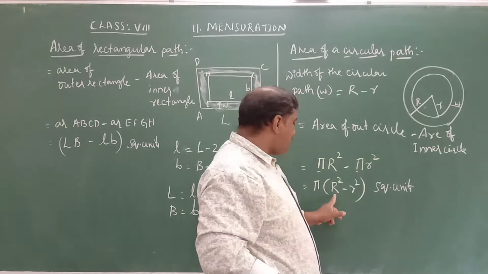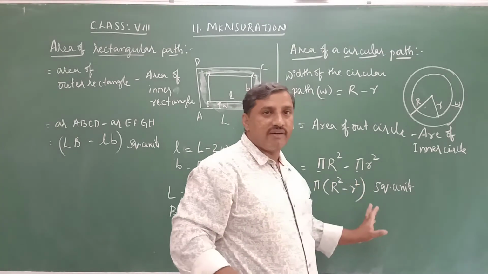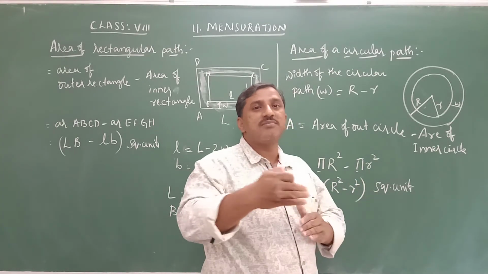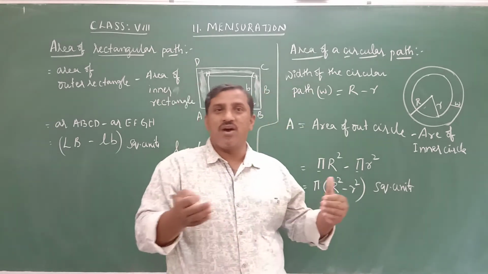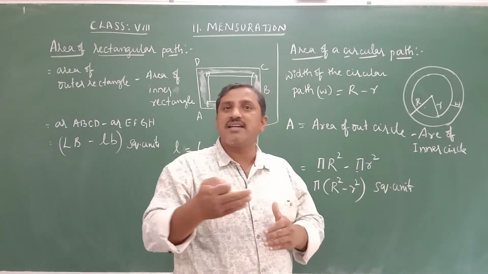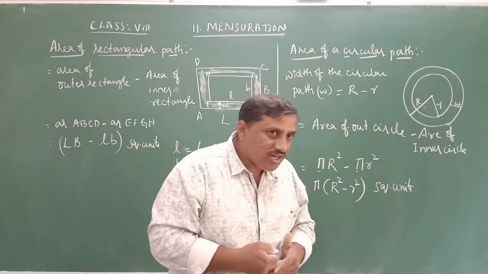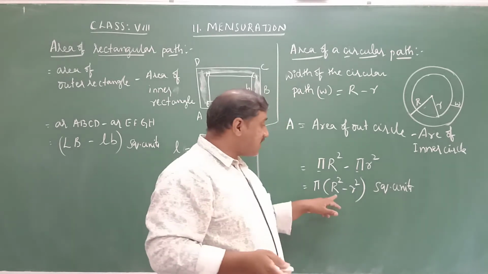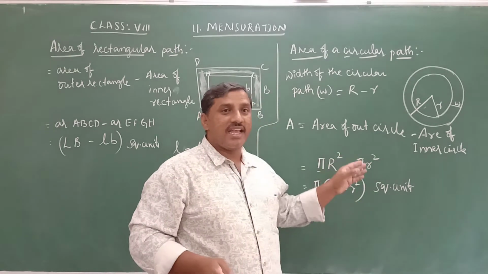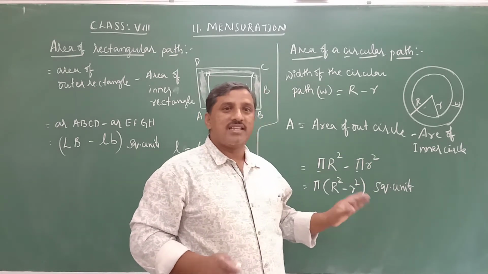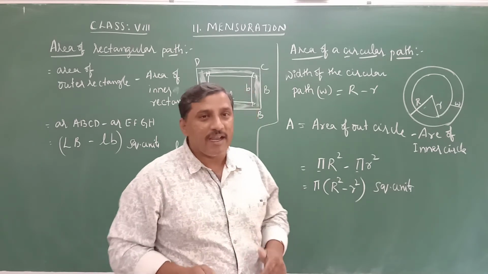Now pi into capital R square minus small r square. If you observe, this R square minus small r square is in the form of an algebraic identity. Can you guess what that algebraic identity is? We have already covered algebraic expressions and identities. Yes, it is in the form of a square minus b square, that is, a plus b into a minus b.